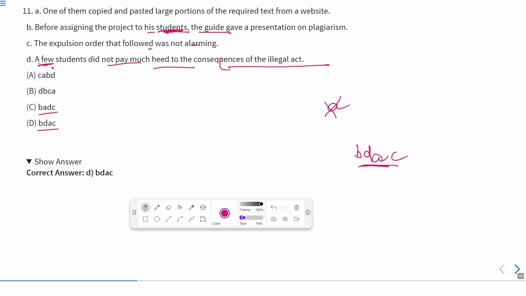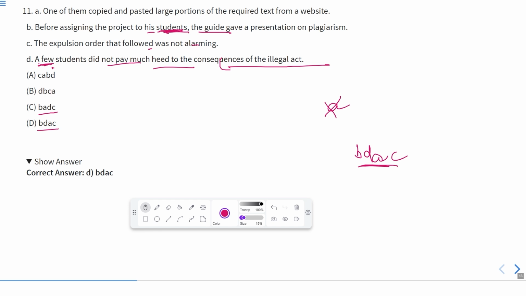So the correct story will be like: before assigning the project to his students, the guide gave a presentation on plagiarism. A few students did not pay much heed to the consequences of the illegal act. It means they did not care about the results of the illegal act. One of them copied and pasted large portions of the required text from a website.